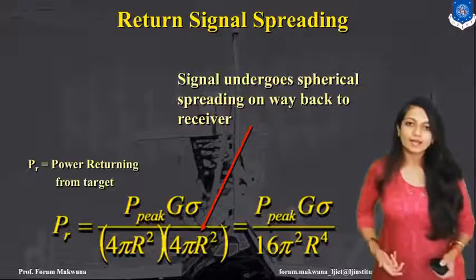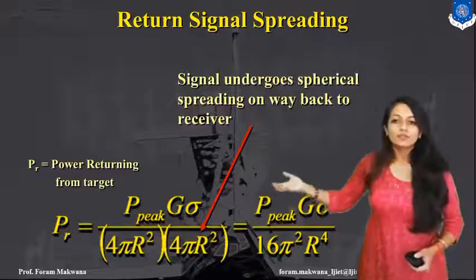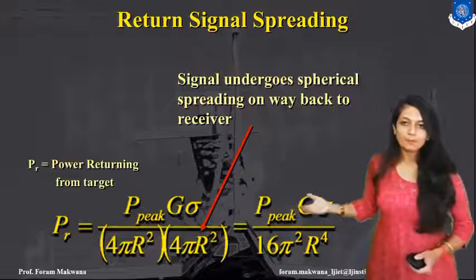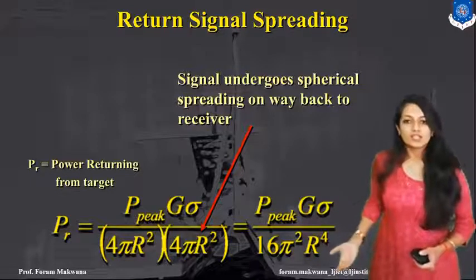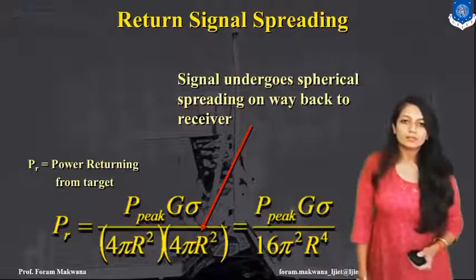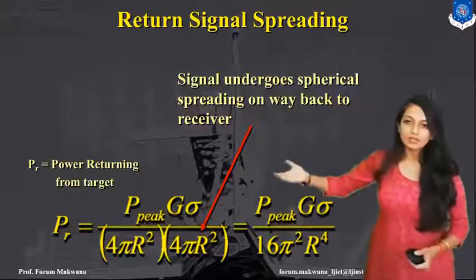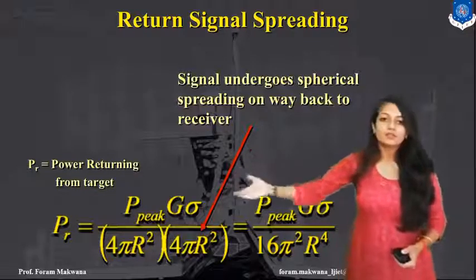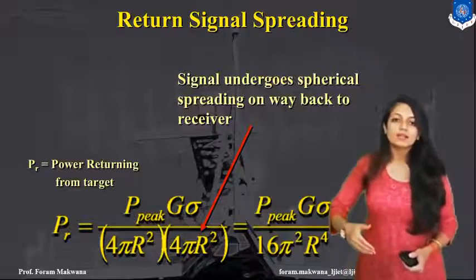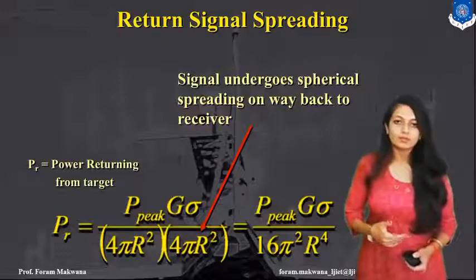The received power depends directly on the peak power, power gain and radar cross section, and is inversely proportional to the range. That means if the range increases, the return power decreases. Why? Because the signal will not reach up to a certain distance; it is going to be attenuated.